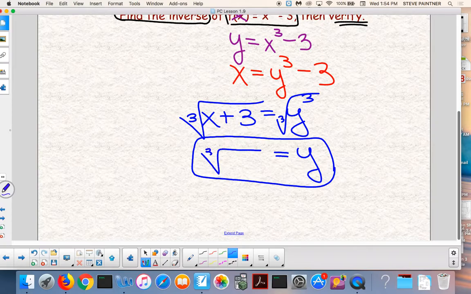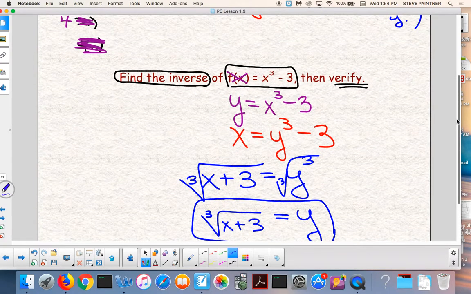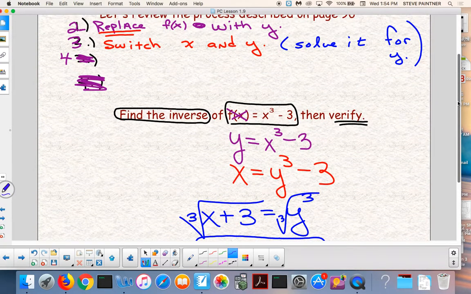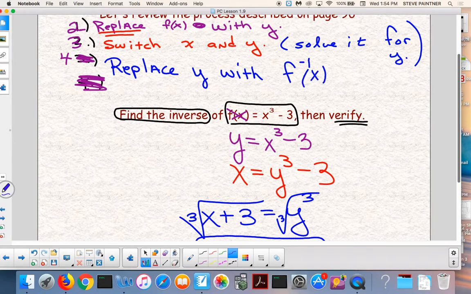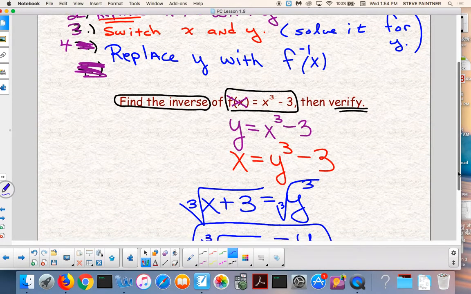Yeah, cube root of x plus 3, right? Good. The last thing you have to do is this. Replace the letter y with what? Inverse notation. Don't say y equals, say the inverse equals, right? And that's pretty much it.